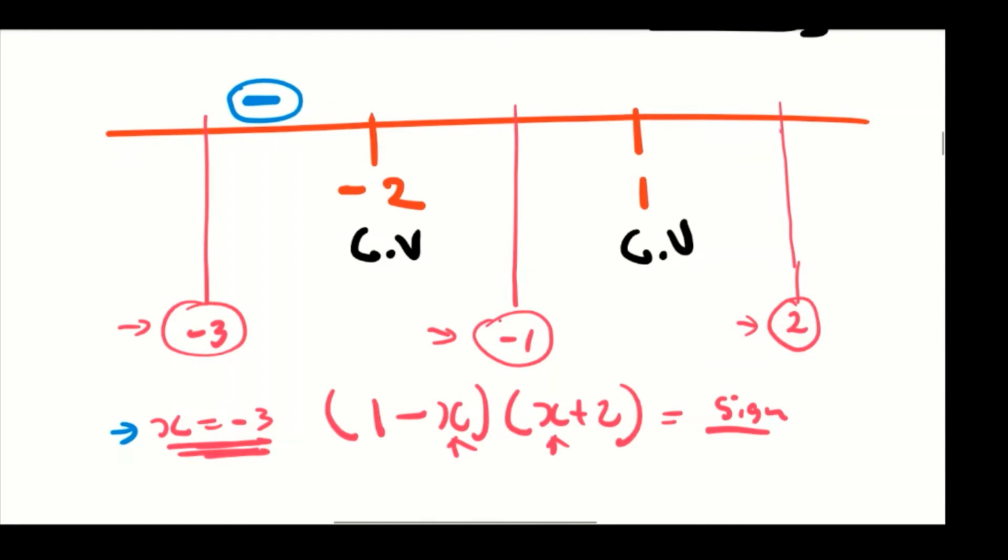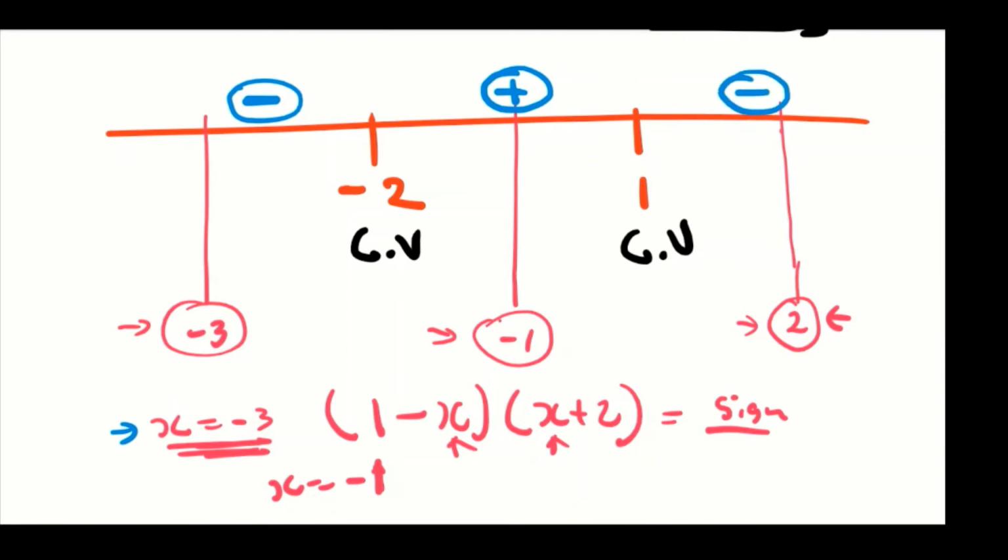Then I tested x being equal to minus 1 and found that the y values of that solution are positive. And I also tested x being equal to 2 and found the solution to be negative.